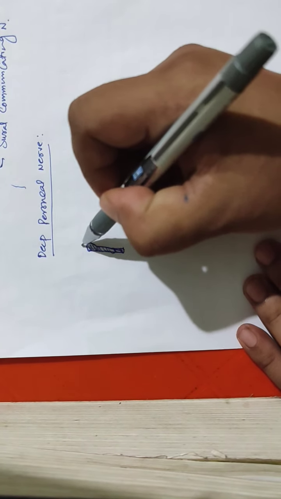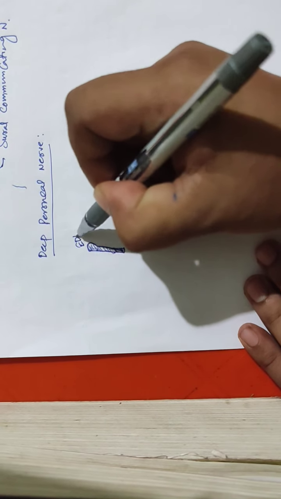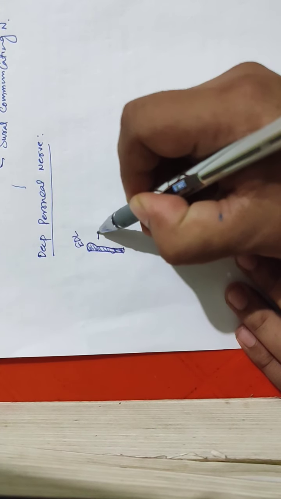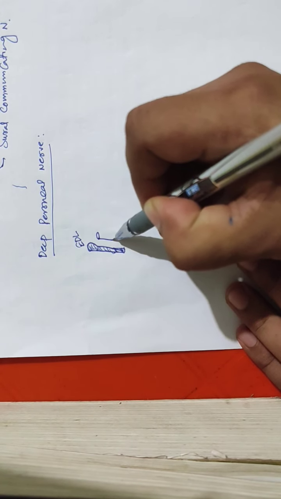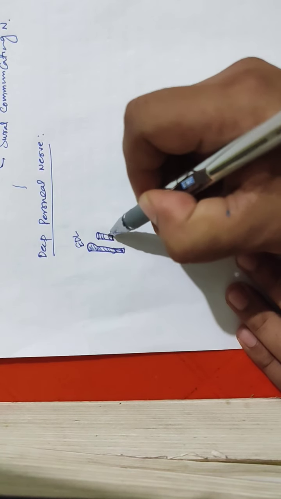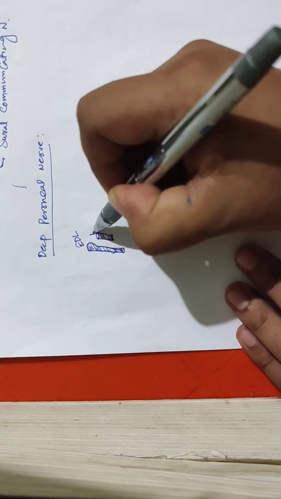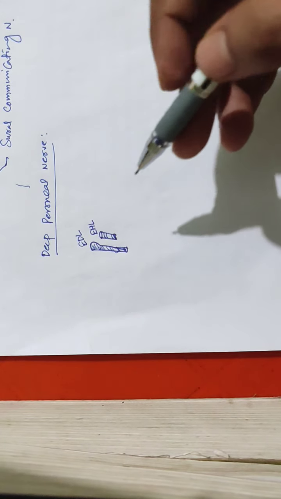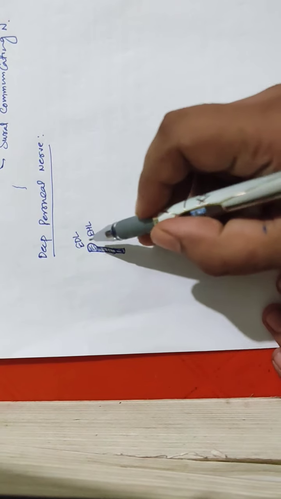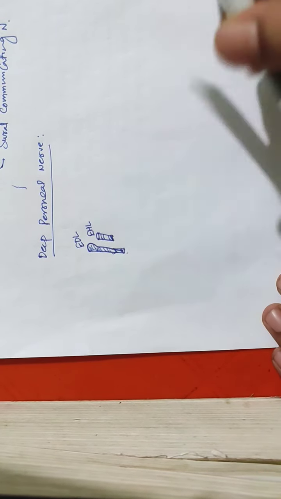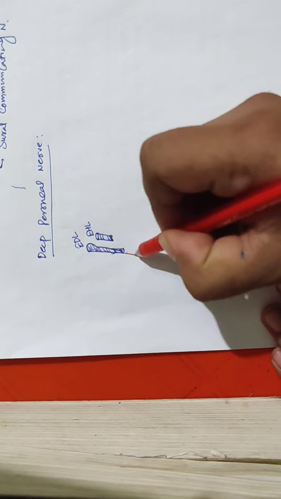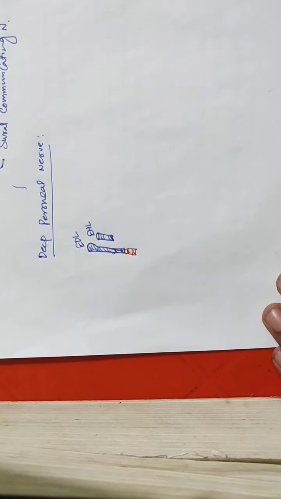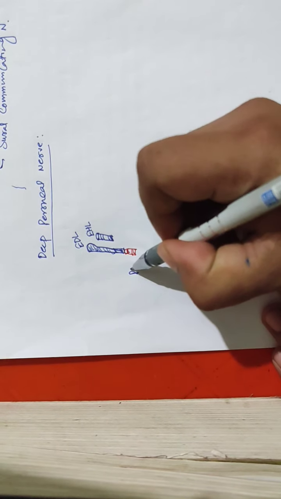This is the muscle extensor digitorum longus. Next, this is the muscle extensor hallucis longus. All are muscles of the anterior compartment of the leg. Below the extensor digitorum longus, one muscle is present, the peroneus tertius muscle.